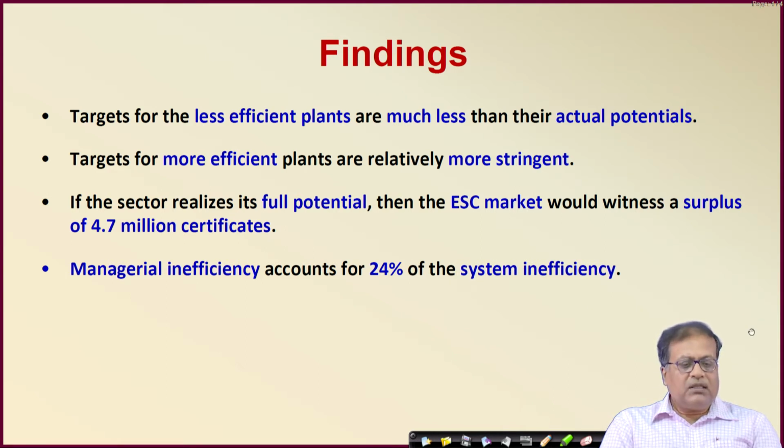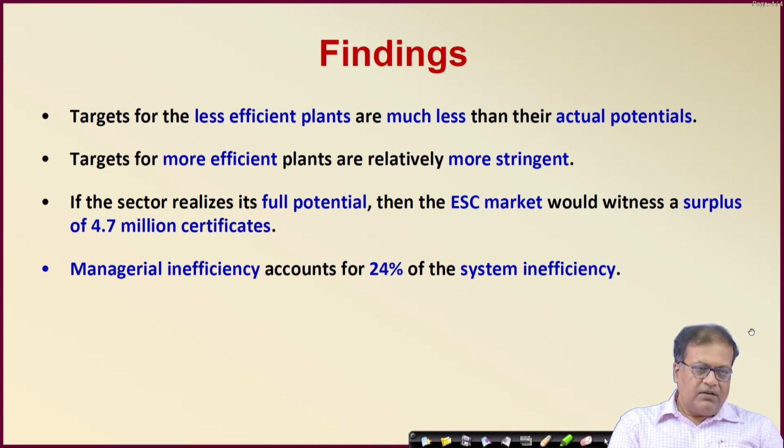So, basically what the DEA analysis has found is that for the less efficient plants, the targets are much less. That means stiffer targets could have been set, all right. That is why there is an excess of certificates in the market rather than people buying certificates.